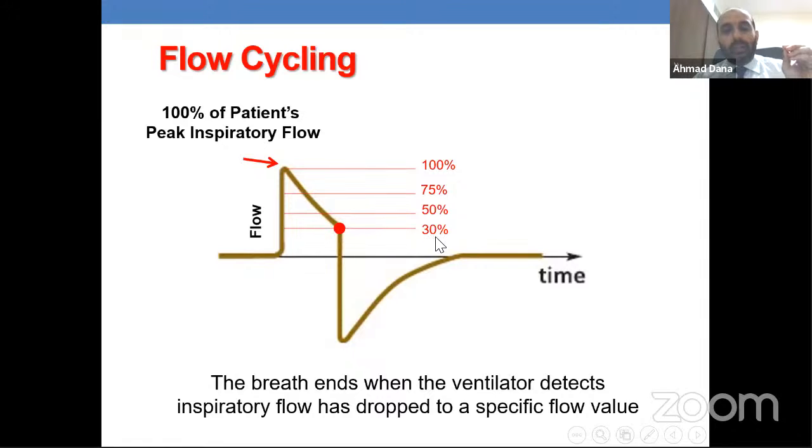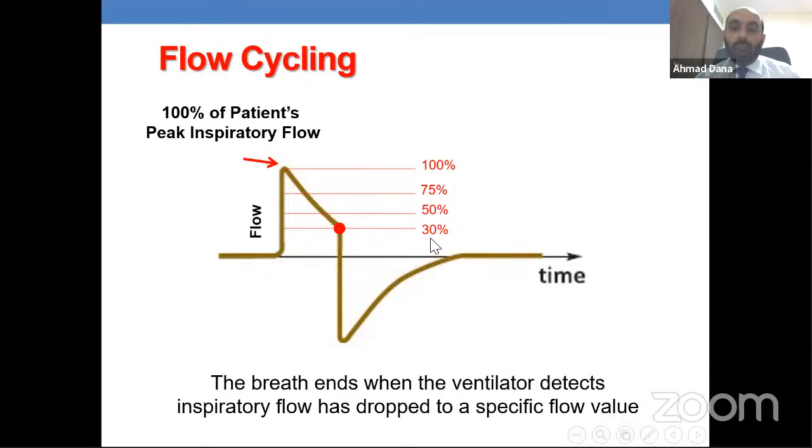We set the machine, let us say, to start the exhalation when you reach 30% of this flow. Or you may want to initiate it at 50%. This depends on the patient himself, how much time you want to give him.